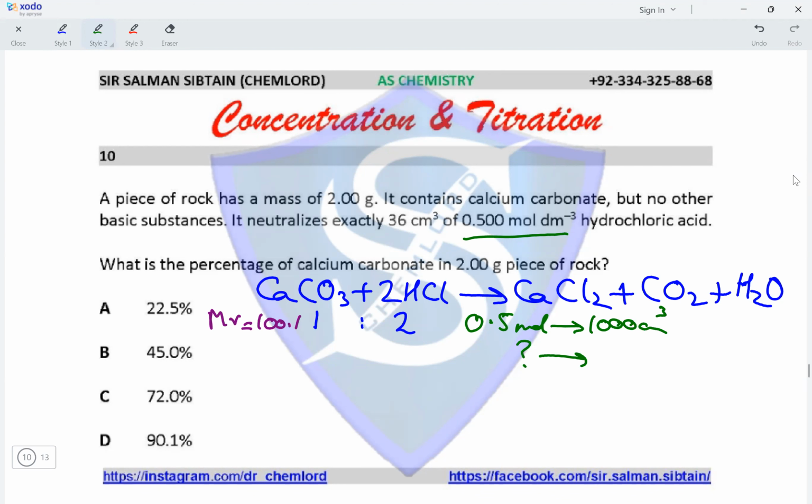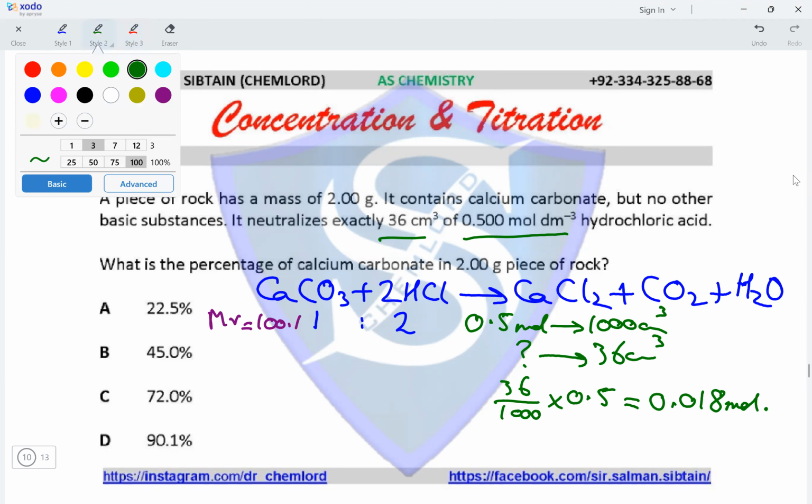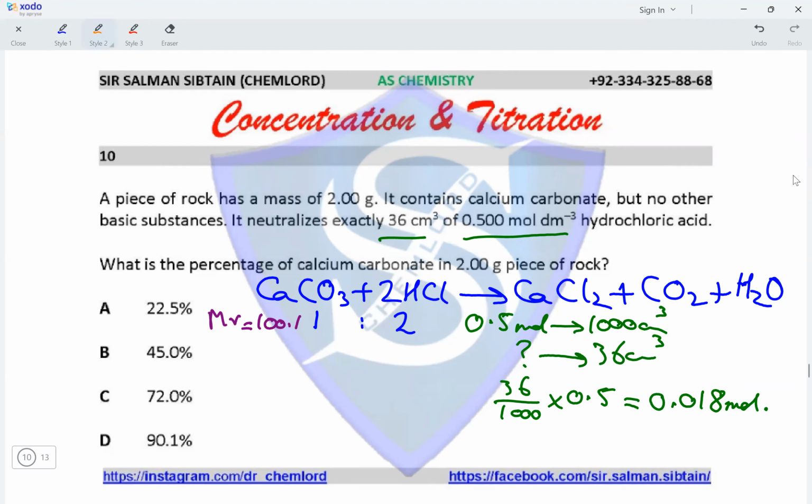How many moles would be present in 36 cm cube? So, this calculation is 36 upon 1000 into 0.5, which gives us a value of 0.018 moles of HCl.